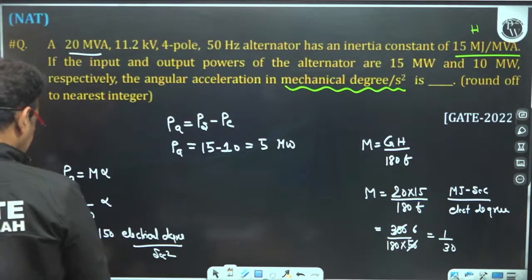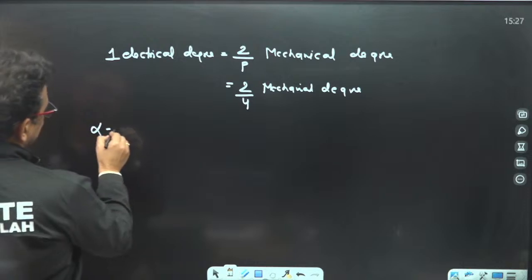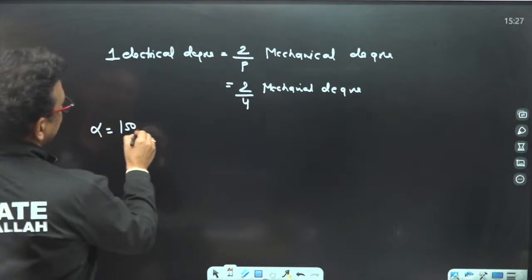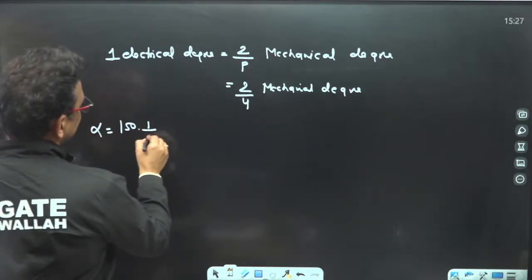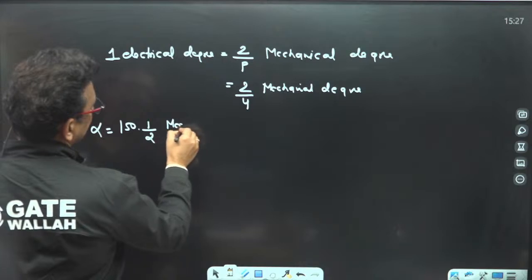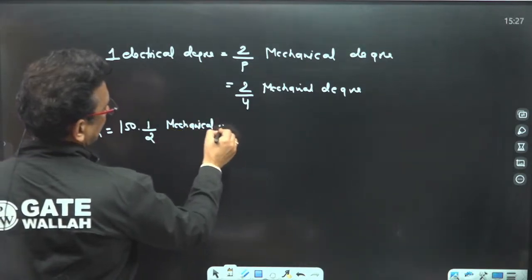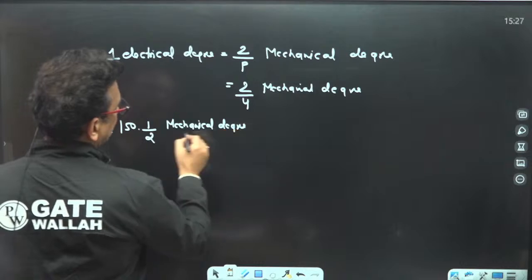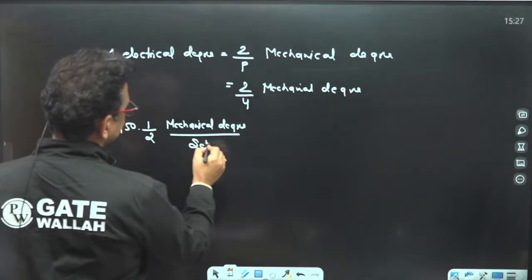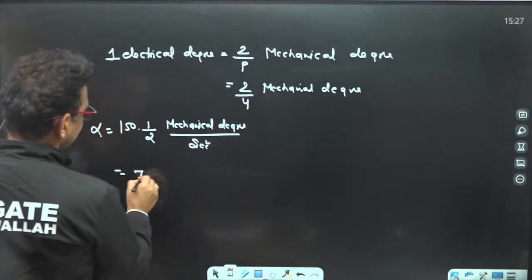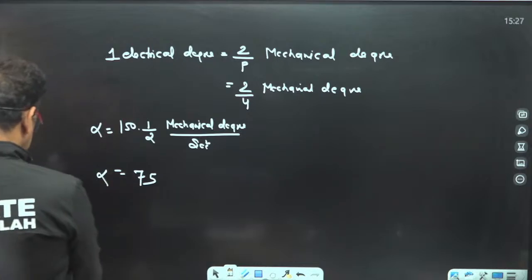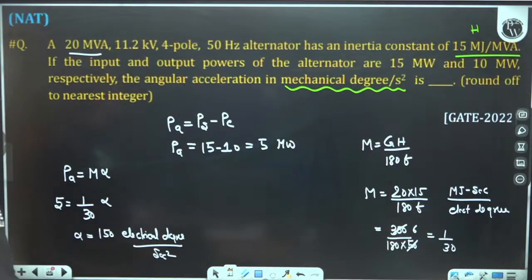So our 150 electrical degree is 1 upon 2 times the mechanical degree per second square. So it is 75. Alpha is 75 mechanical degree per second square. Clear?